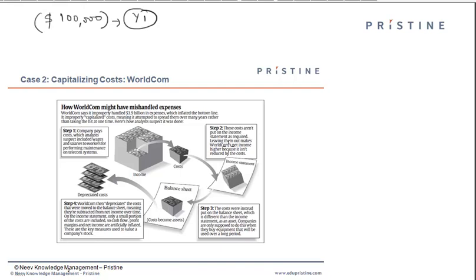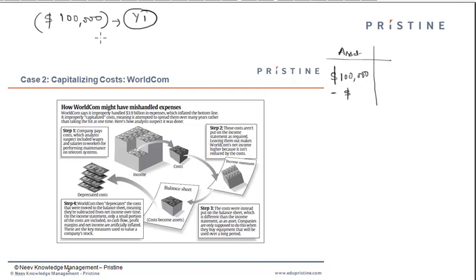But what WorldCom did was that these costs were not put on the income statement. Rather, these costs were treated as long-term costs, and hence they were capitalized. So on the asset side, it created a long-term asset of $100,000, like we do for plant, property, and equipment. And then it deducted the depreciation for 1 year.